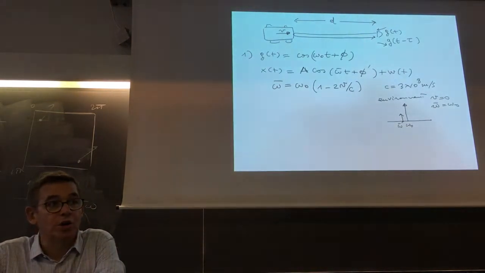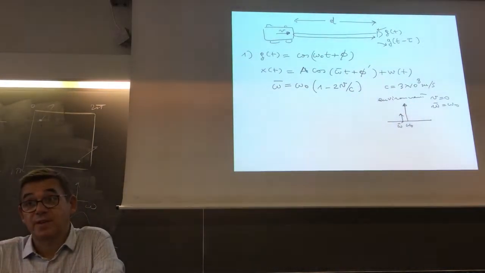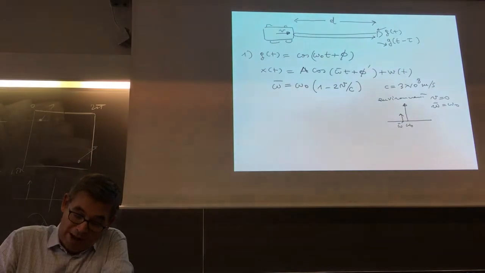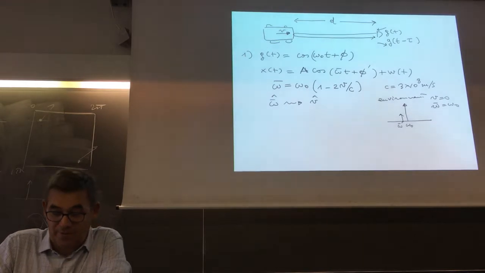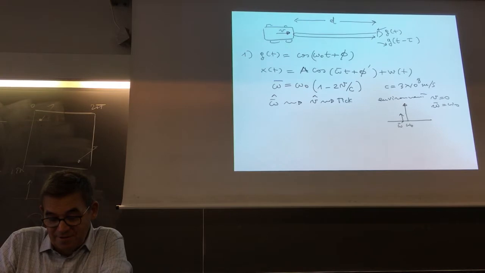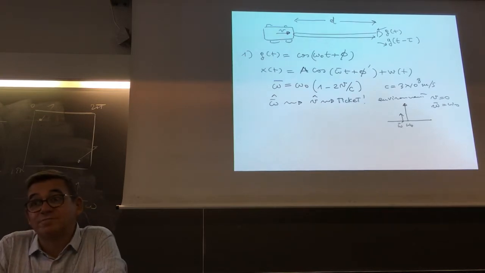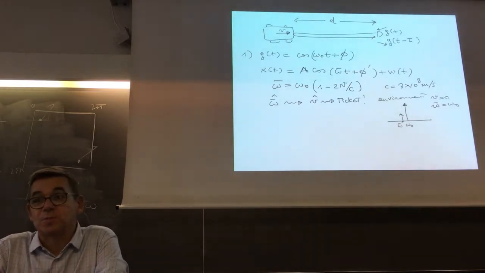So my goal is to get the frequency omega naught. Because I estimate that one, and then from that one, I can estimate v. And then I give a ticket. Okay? Fine. If it is larger than 50 kilometers per hour or so.